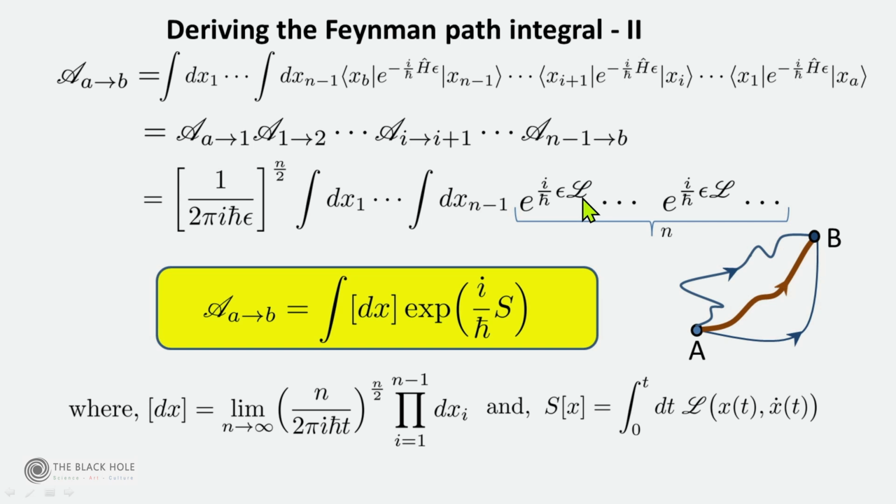So you could put this factor i over h bar epsilon L, add them up as arguments of the same exponential. So we are finished. We're done.